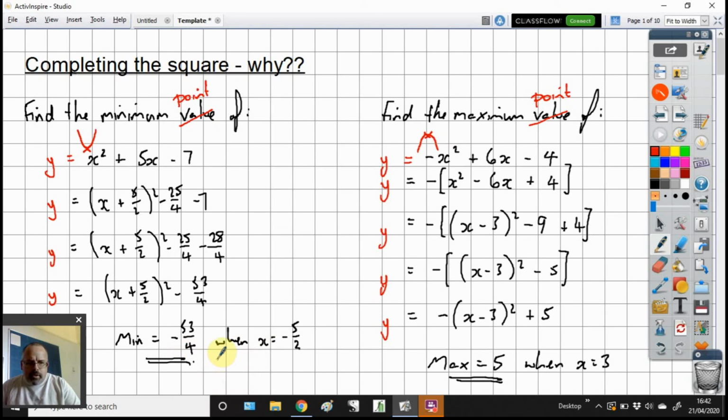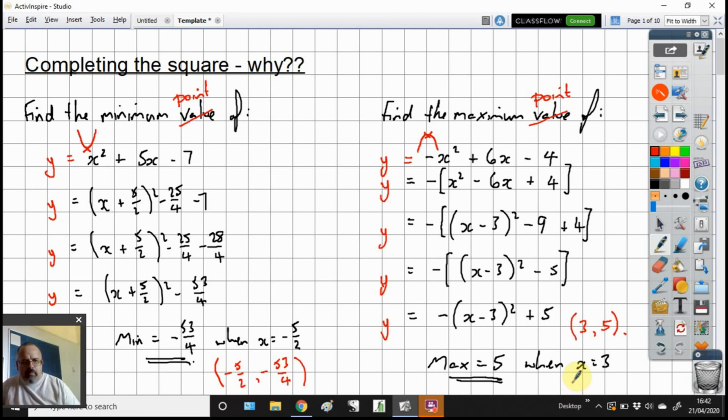The minimum point now is at an x value of negative 5/2 and a y value of negative 53/4. And over here, the maximum point will be at an x value of 3 and a y value of 5.